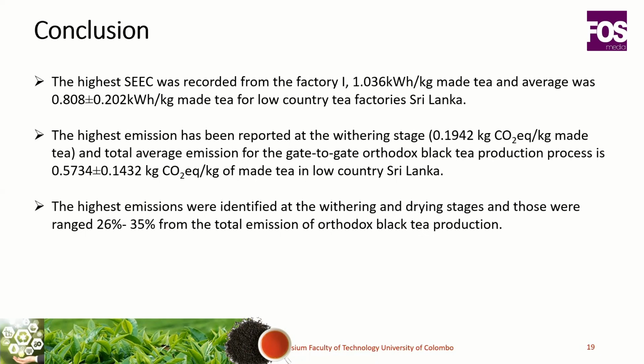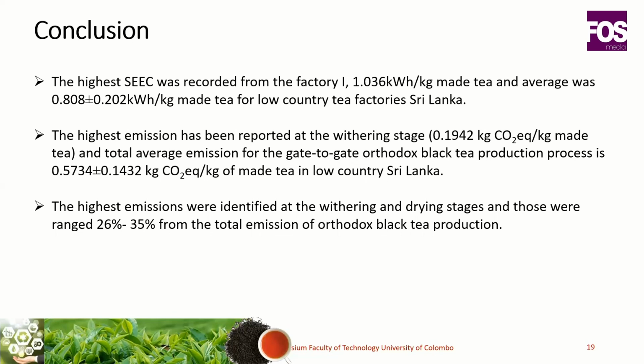The highest emission has been reported at the withering stage, and the total average emission for the gate-to-gate orthodox black tea production process is around 0.5 kilogram of carbon equivalent per kilogram of made tea in low country Sri Lanka.